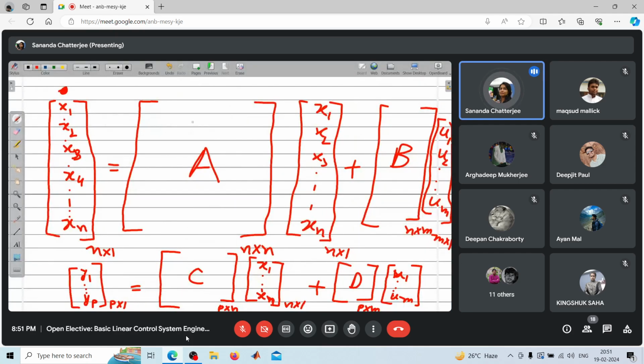See, if the number of states is n, then A is of n cross n order. If you have only one input, that means B matrix will be n cross 1. If there is only one output, then C matrix will be 1 cross n. Do you agree?